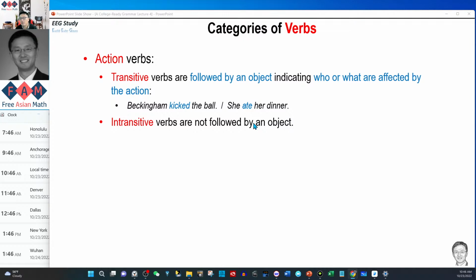For example, if I say I stop, or I stop the car, stop here can be both intransitive, I stop, or transitive, I stopped the car. But think about it. Do the two stops really mean the same action? Not really. When I say I stop, it's really about myself.